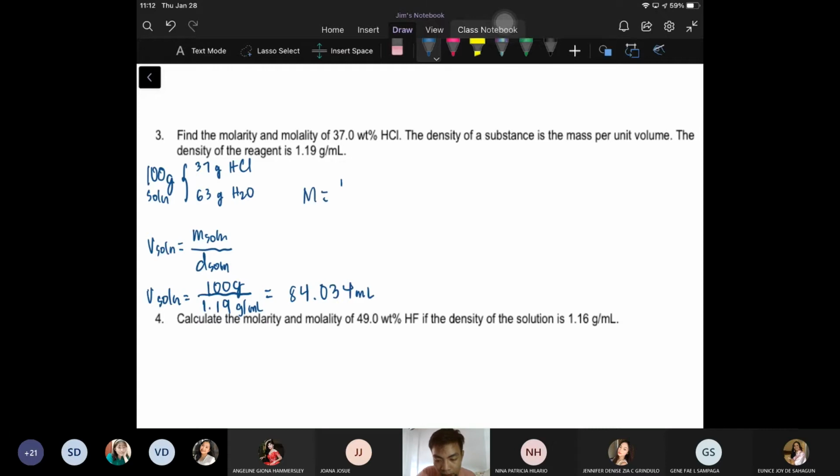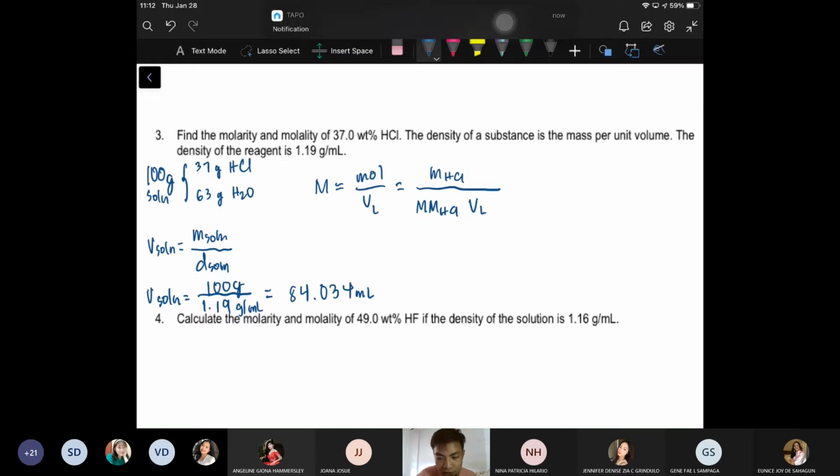So, molarity, mole per volume in liters. Ayusin ko sulat ko. Wala kasing lines eh. This is mole per volume in liters. And we can expand this as mass ng solute. In this case, HCl. Mass HCl divided by the molar mass of HCl times the volume of the solution in liters. Okay.